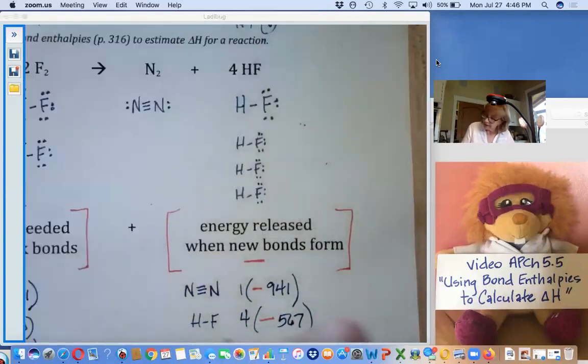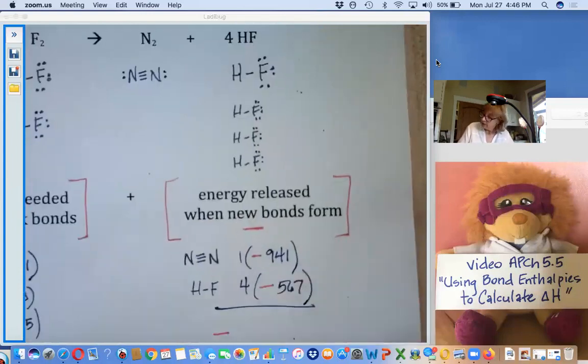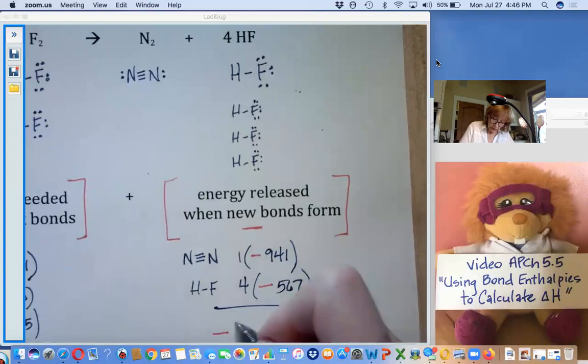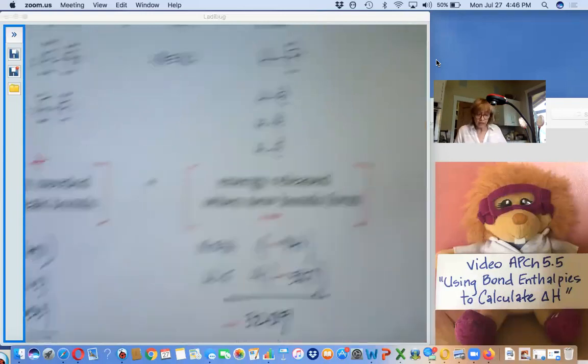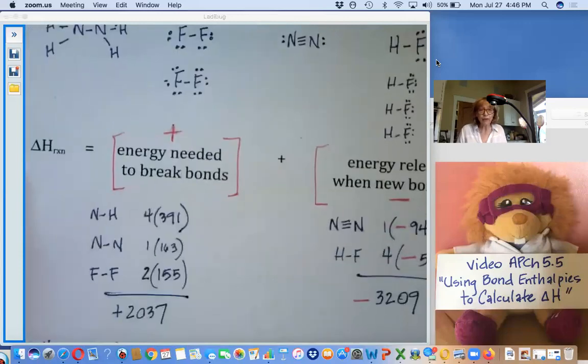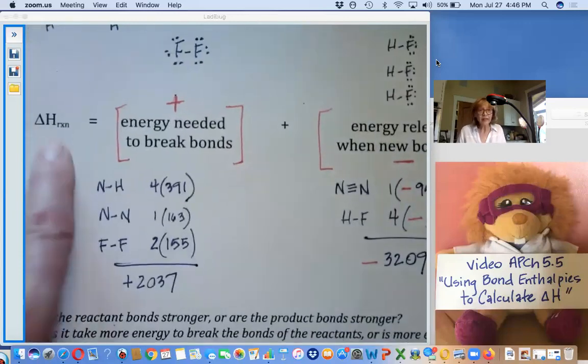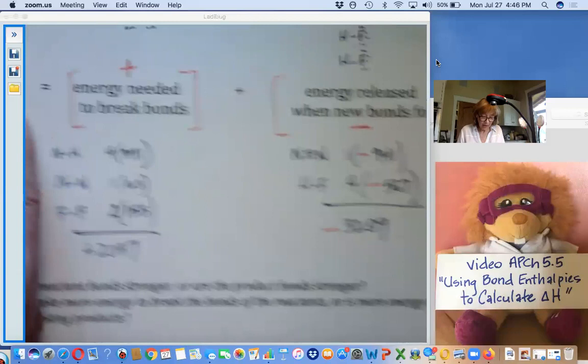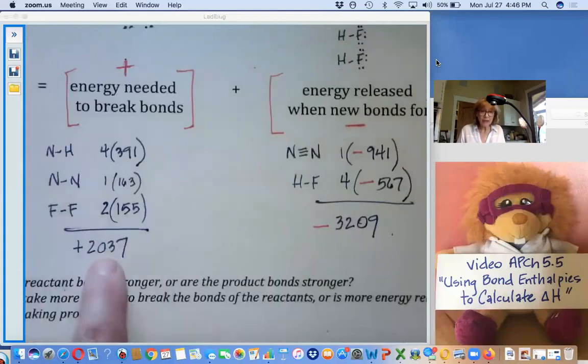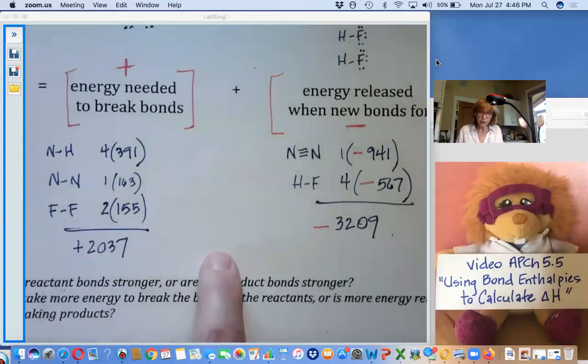When I add up all of those values, I get negative 3,209.